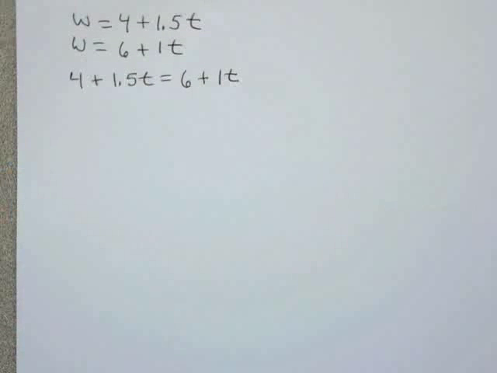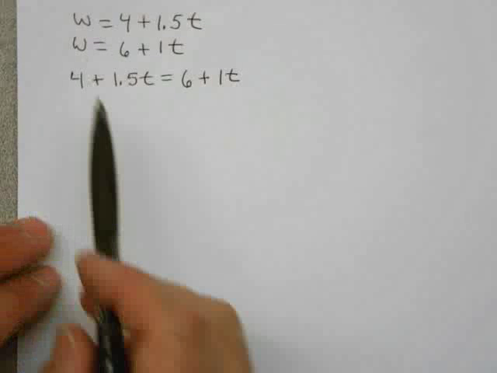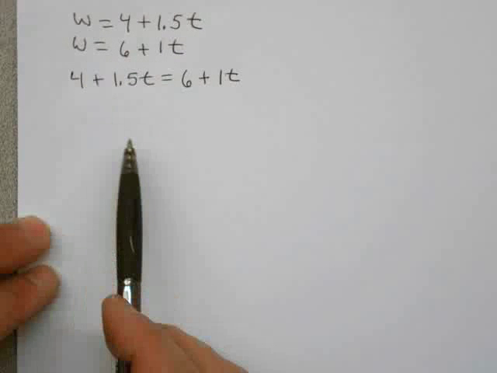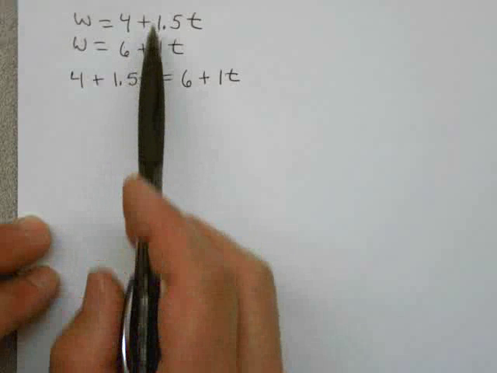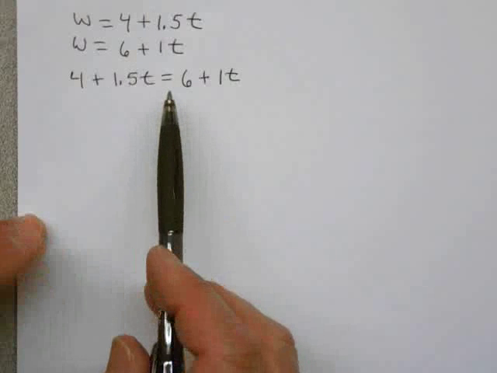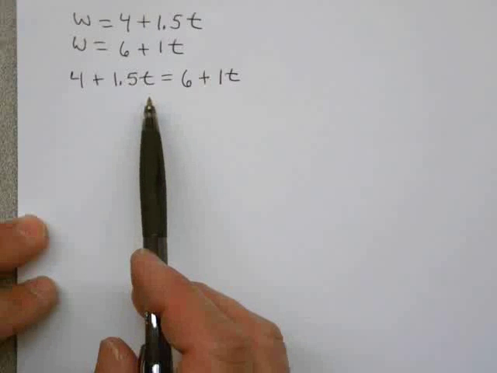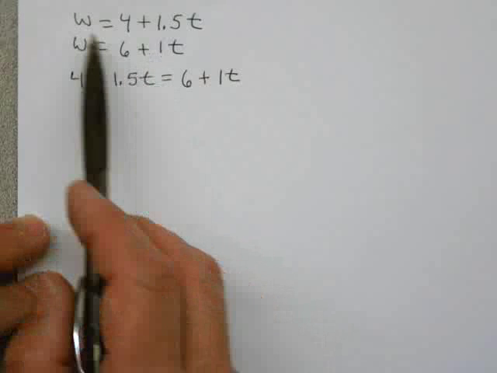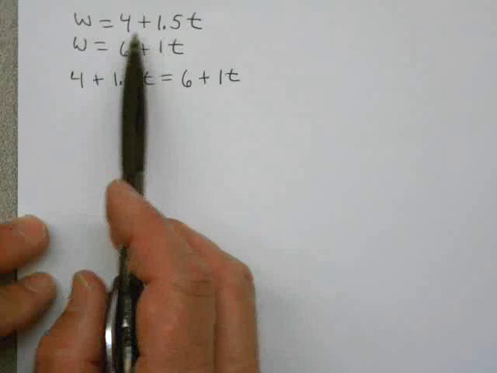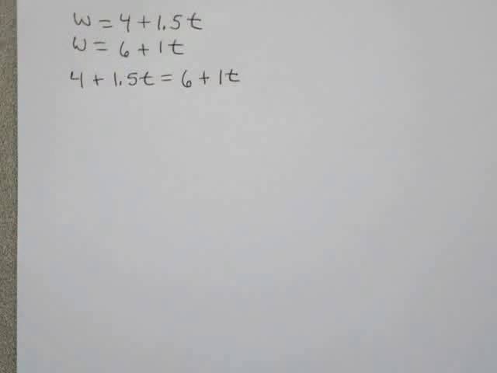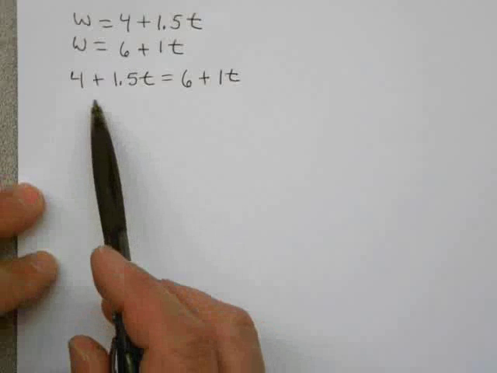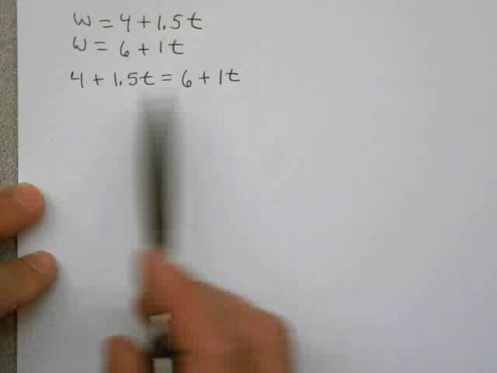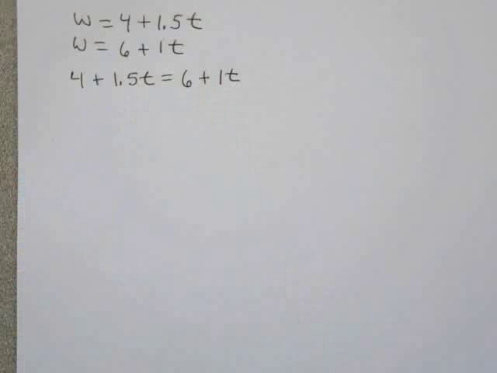All right, why can I do that? Well, because W equals both of these things. In other words, these two equations are equal. We know that if W equals this and W equals this, then these W's must be the same. They're the same variable. And that allows me to write an equation with one expression on either side of the equal sign, and now we have to solve this by combining like terms.